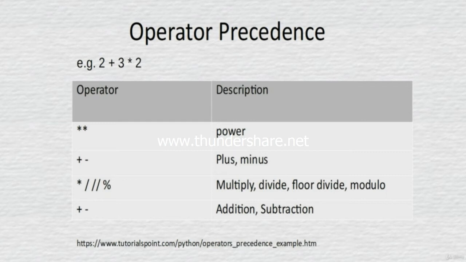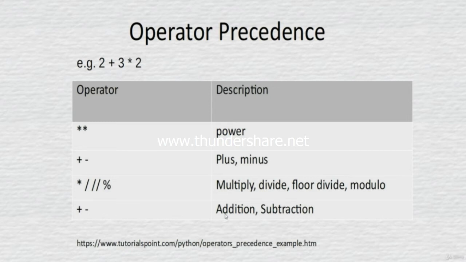Addition and subtraction have the lowest priority. So for the example above, Python would do the multiply first because multiplication has higher priority than addition. So Python will compute 3 times 2 first, which is 6, and then do the addition plus 2. So the result is 8.